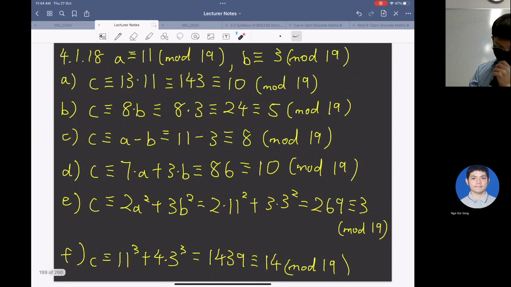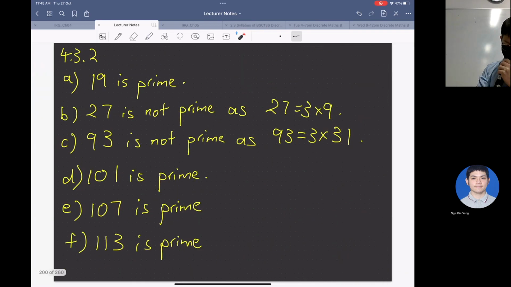And then 4.1.18 is to use the theorem we proved today to help you compute this number. 4.3.2 is going to the prime, so check whether something is a prime or not.